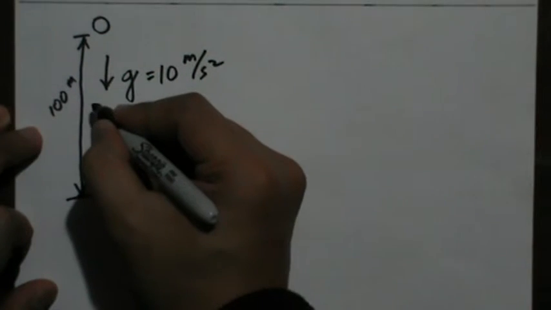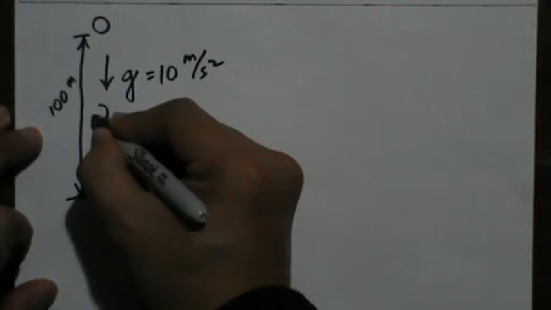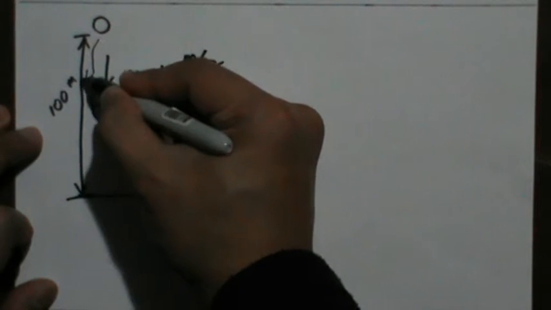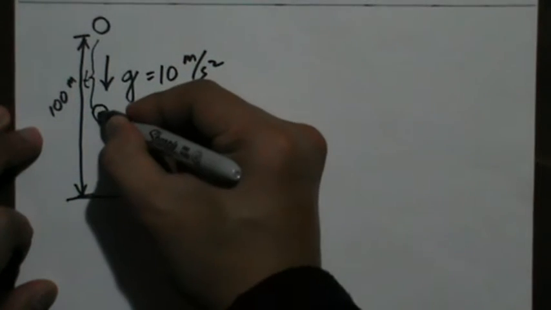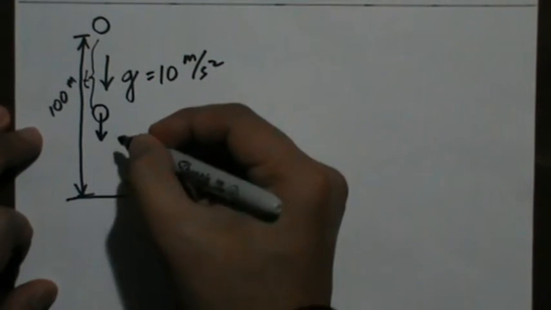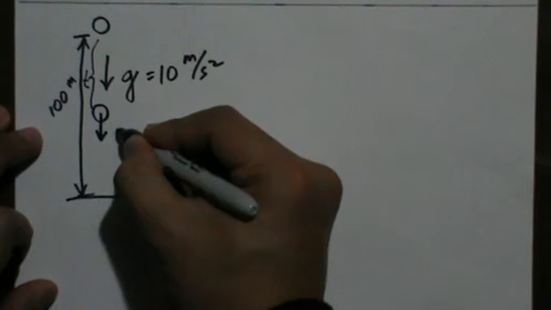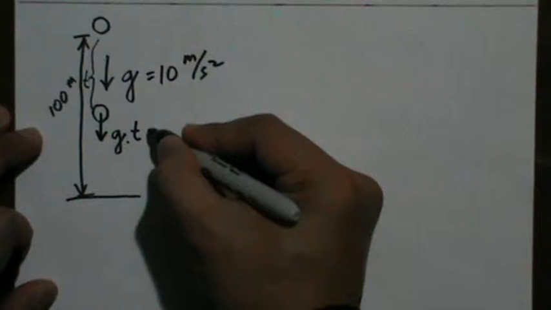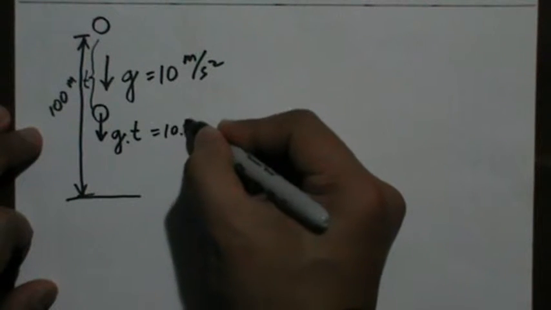So if the ball has moved t seconds, the speed of the ball here becomes g times t, or 10 times t.